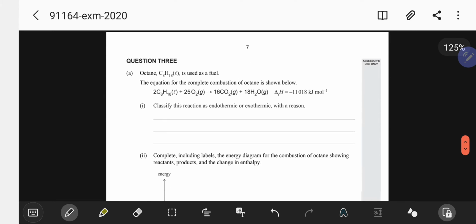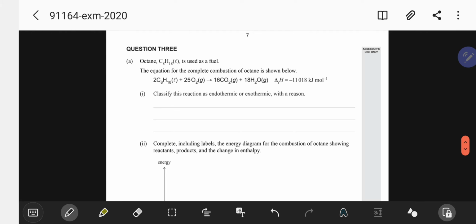For question 3a, octane is used as fuel. Classify this reaction as endothermic or exothermic with a reason. So this is exothermic because the enthalpy change is negative. Like I said before, if it's negative, then it's exothermic. It releases energy.